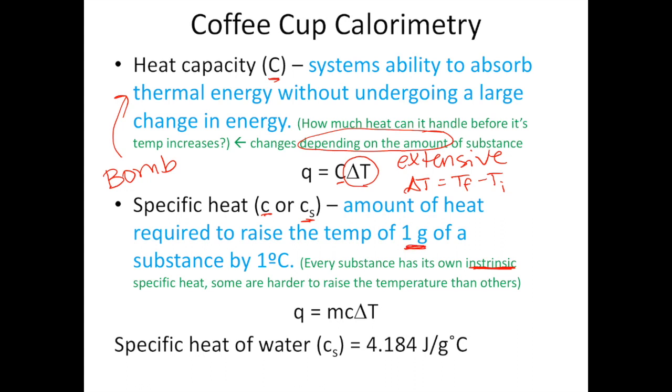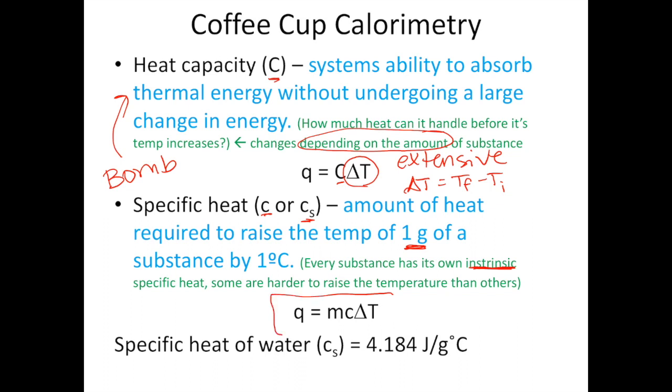So let's say you go to the beach. Sand has a certain specific heat. Water has a certain specific heat. And so although the sun is the same and the energy given off by that sun is going to be the same at that beach, the sand and the water will heat up differently because of their specific heat. The sand could be super hot and the water can be really chilly, and it's just because of the specific heat of those two materials.